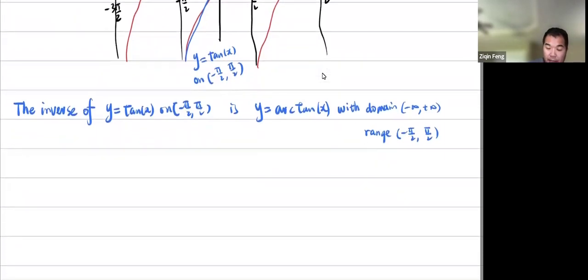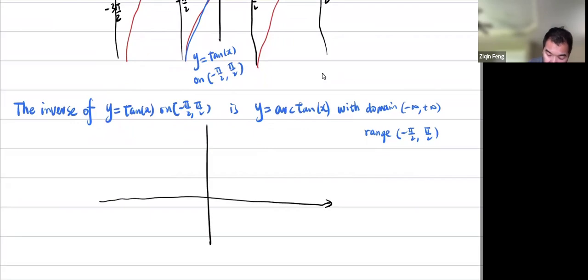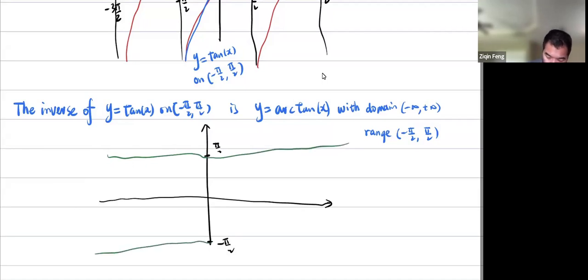If you try to sketch the graph of this function, this is pi/2 and negative pi over 2, and you have horizontal asymptotes in this case.